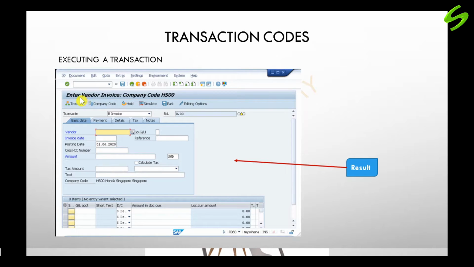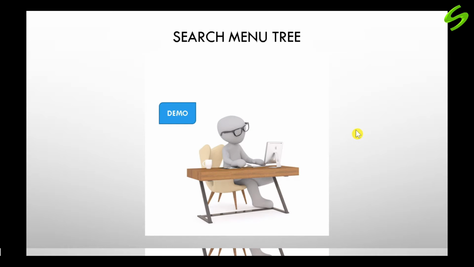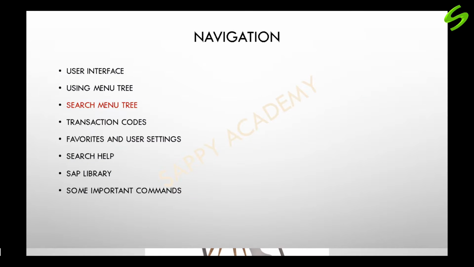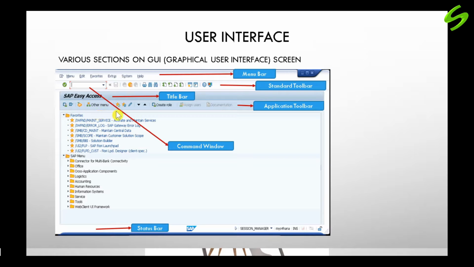But you can see the difference in the title bar. The title bar has changed according to the transaction, and also the application toolbar has changed. If you go back and look at what was there earlier, as you can see, the application toolbar is totally different.